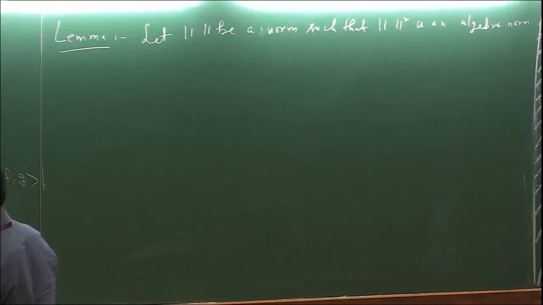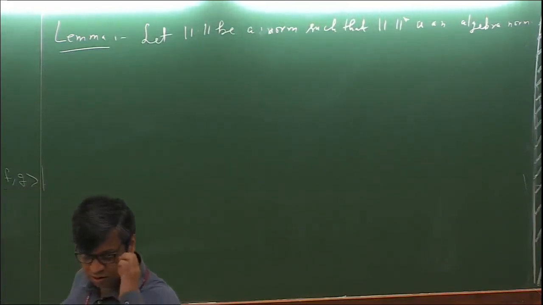Yeah, okay. I should have probably thought of this, but I have not thought of giving an example where the dual of an algebra norm need not be an algebra norm. It would be good to have such an example.